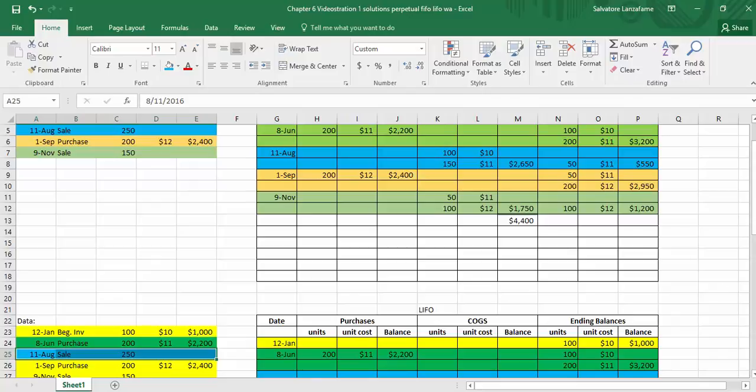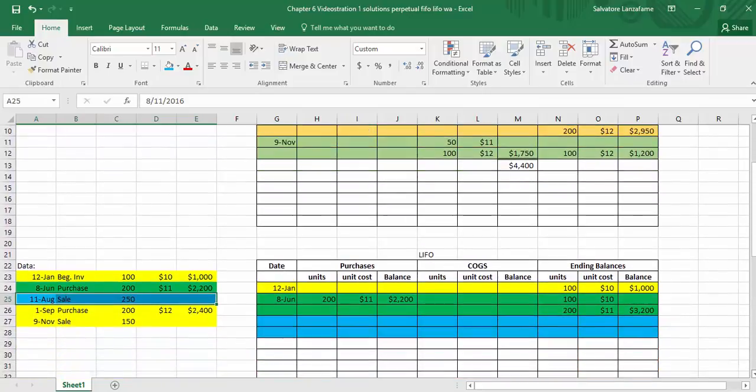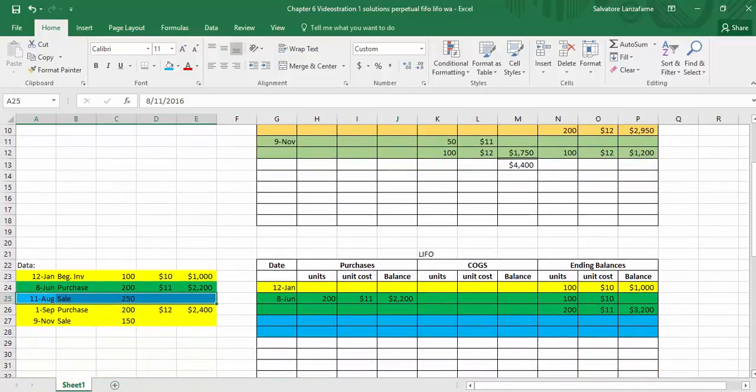So let's now sell under LIFO. LIFO says the last ones that came in are the first ones out. So on August 11th, if we're selling 250, which 250 are we selling? So if you're going, oh, it's got to be the 200 at 11, you're right.